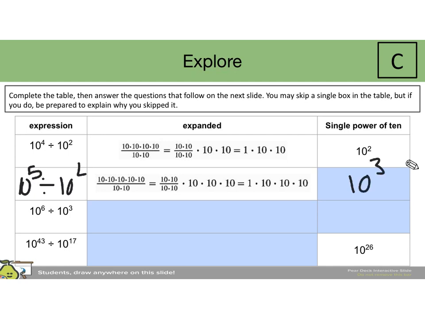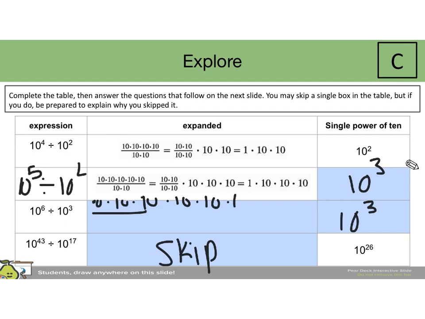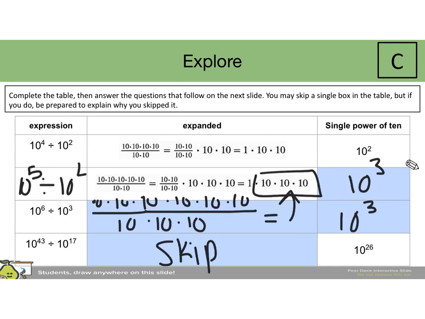10 to the 3rd power, 10 to the 3rd power. Students may skip this, and here they're just going to do 10 times 10 times 10 times 10 times 10 over 10 times 10 times 10, which will equal 10 times 10 times 10.